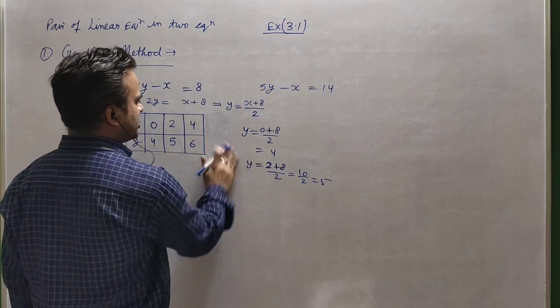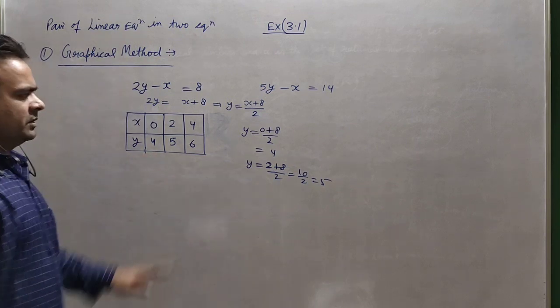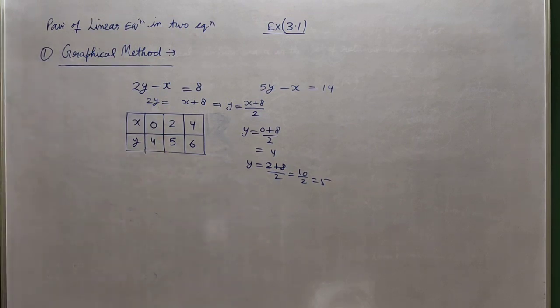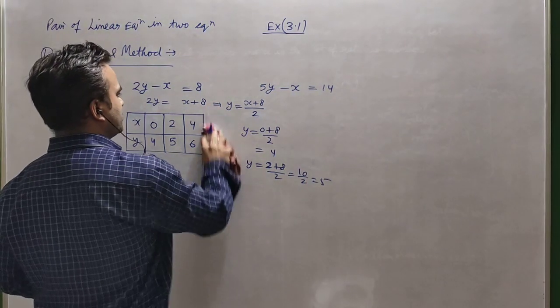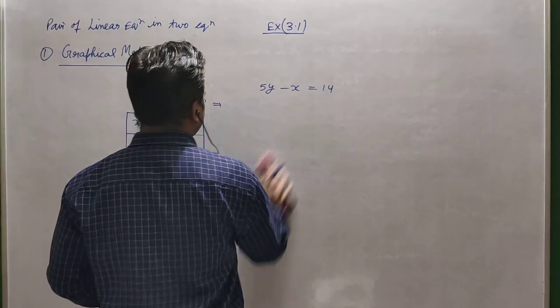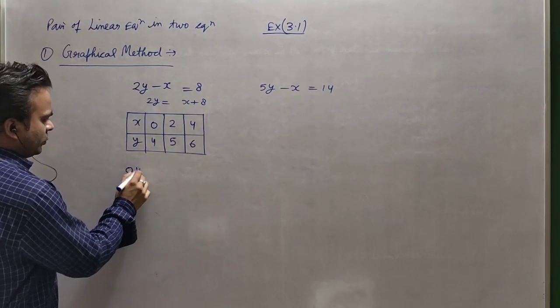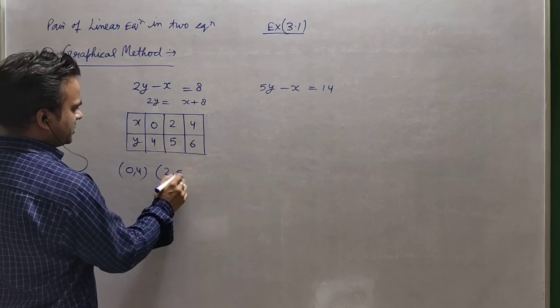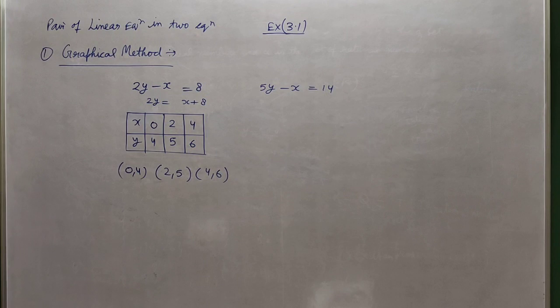Minimum 2 points are required, and maximum you can take any number, right? So these are the coordinates for the first equation. This is the rough part and you can remove it. The first coordinate is (0, 4), the second coordinate is (2, 5), and the third coordinate is (4, 6).